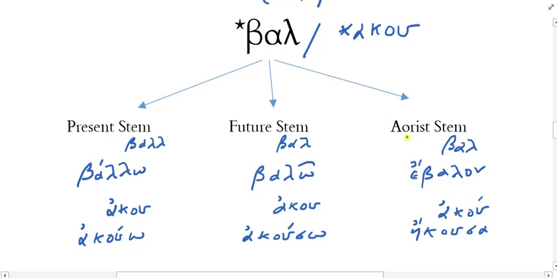Okay? So with the verb akouo, my three major tense stems happen to be all identical to each other. This is what leads to the illusion that the present stem is forming the basis for these other stems, or it's the thing from which the other tenses derive their stems. But the reality is that they all go back to the root, which is aku.